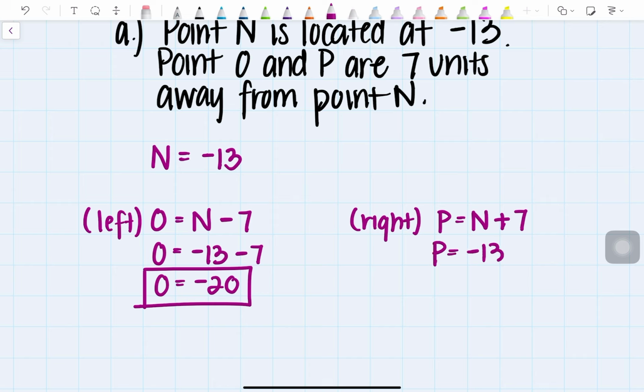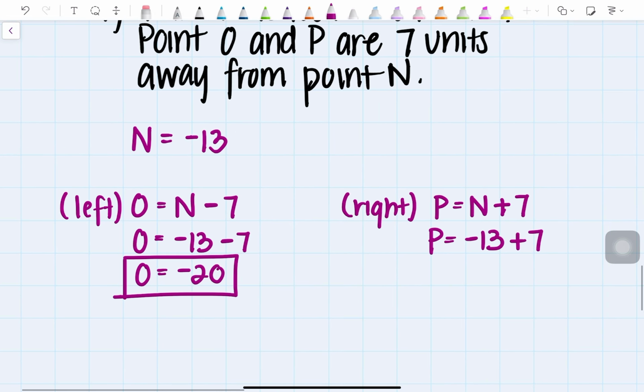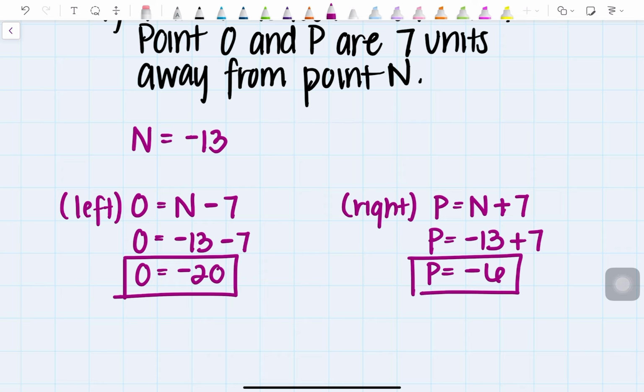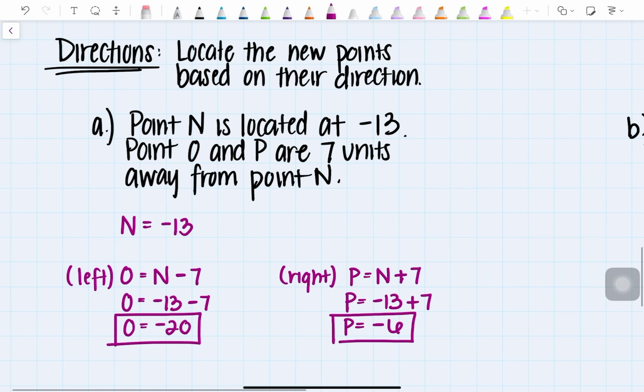I have -13, but now plus 7. -13 plus 7 would actually subtract, and you keep the sign of the bigger number, meaning if we ignore the sign, the absolute value is 13. So that would be -6. So O is at -20 and P is at -6 based on the information they give us here.